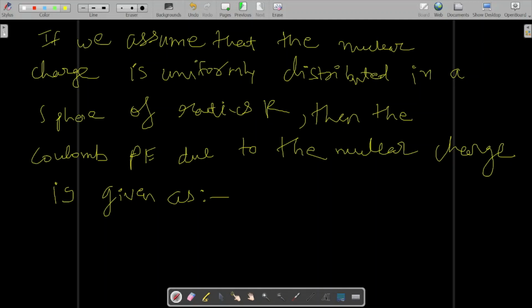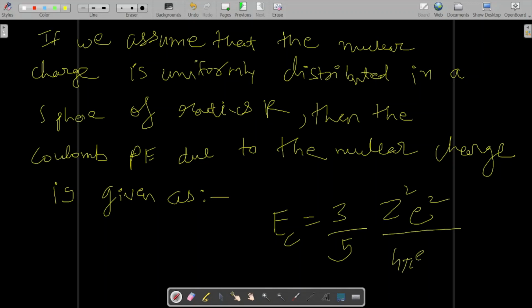You will learn this in electrostatics, but for the time being just remember this formula: 3 by 5 q squared upon 4 pi epsilon naught R. This is the actual formula.